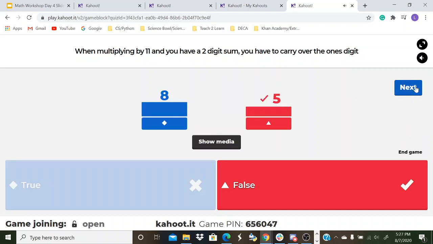So this is false because you don't carry over the ones digit, you actually carry over the tens digit. So that was the trick for this one.